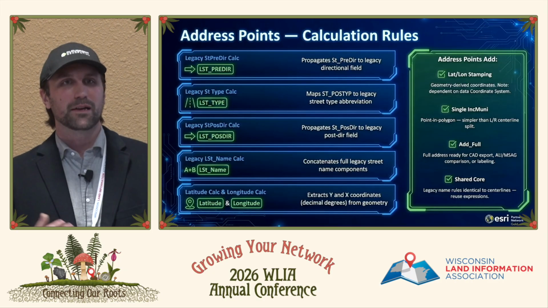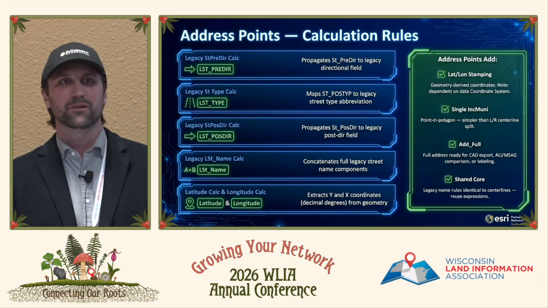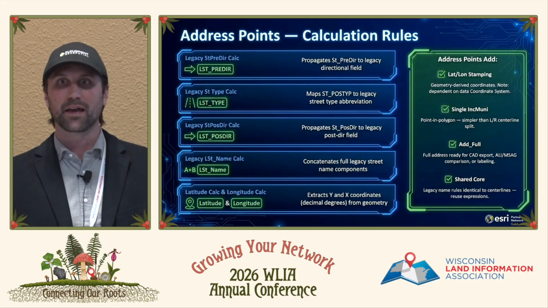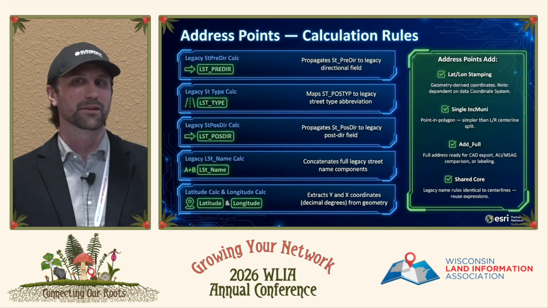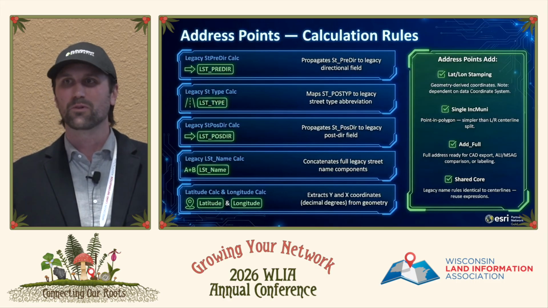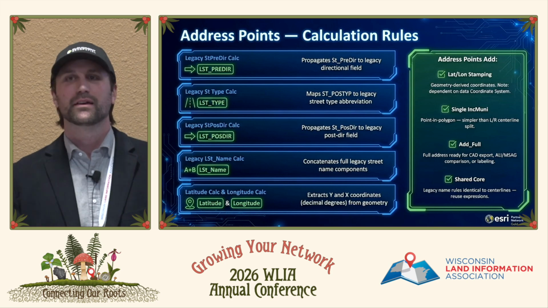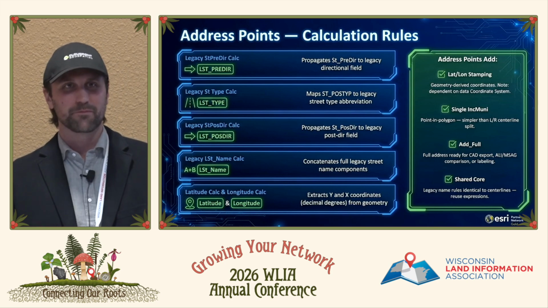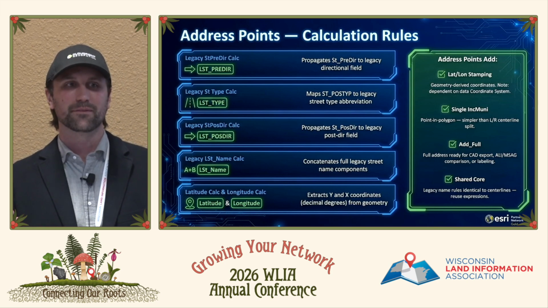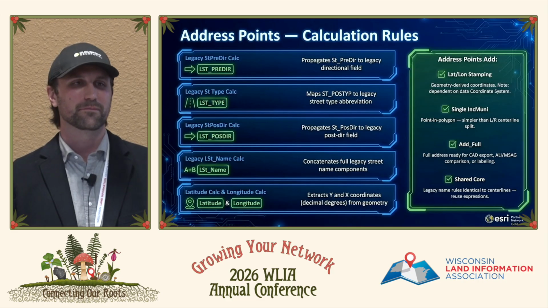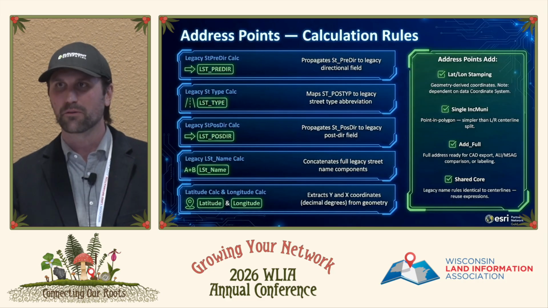So sometimes in NG911, you might have an interstate value, but legacy-wise, you want that represented as I dash something. Likewise, you might have a different abbreviation for state highways or county roads.